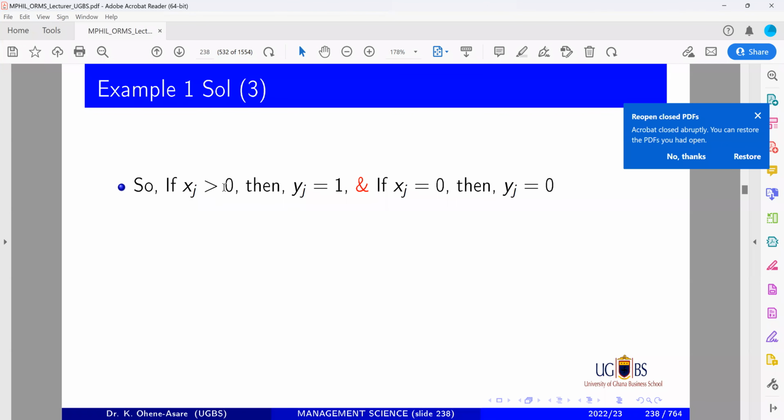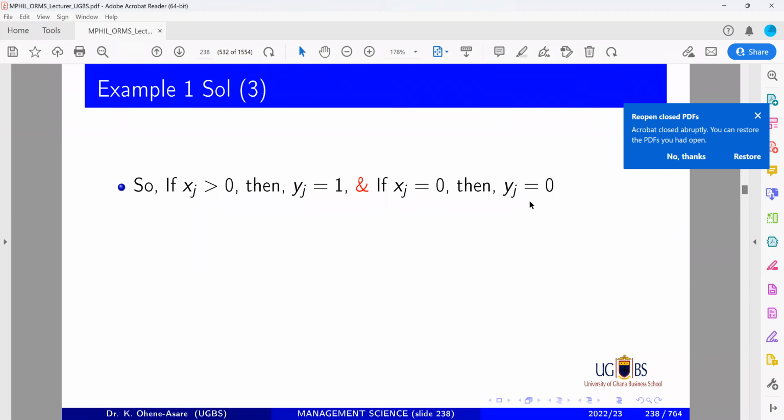It won't be 0. It will be positive. The same way, if I am not going to produce shirts, then why do I even have to go and buy the machine? So what you are saying is that you can't buy the machine without producing, and you can't produce without the machine. But after you've incurred the machine, you can produce as many as you can.